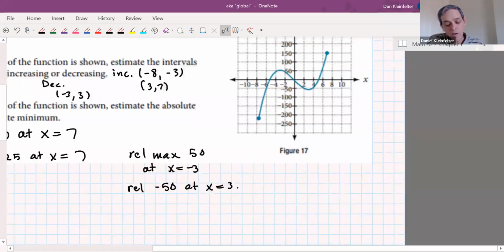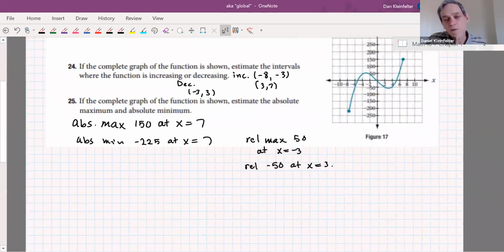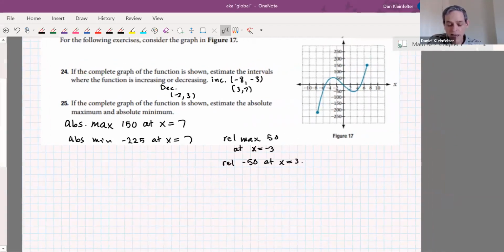Okay, so absolute maximum and minimums are the highest and lowest points over the whole graph. Relative maximum and minimum points are the highest and lowest points, not necessarily of the whole graph. It turns out that the absolute extrema are also considered relative. So let me re-say that.